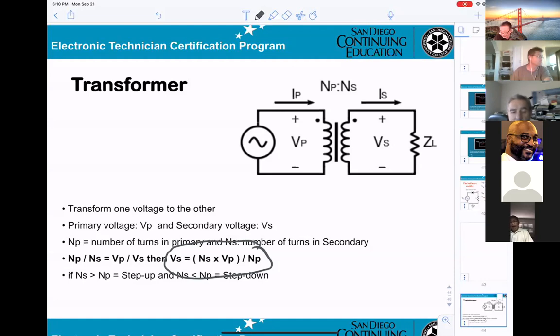If NS is greater than NP, it's a step up transformer, or NS less than NP, step down. That means if you apply 120 volts and the V secondary is 240 volts, that means step up. And if you apply 120 volts at the primary and you get 24 volts at the secondary, that means they step down.